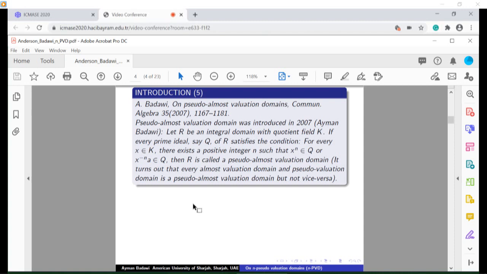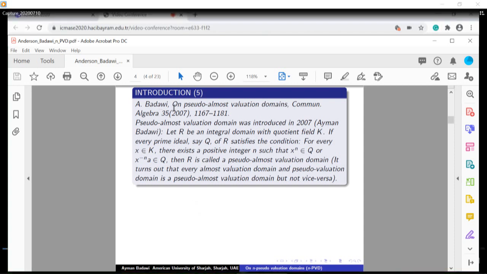In 1991, they introduced almost valuation domains. So what you expect next is to generalize almost valuation domains, and in 2007 I introduced a new class of domains called pseudo almost valuation domains.